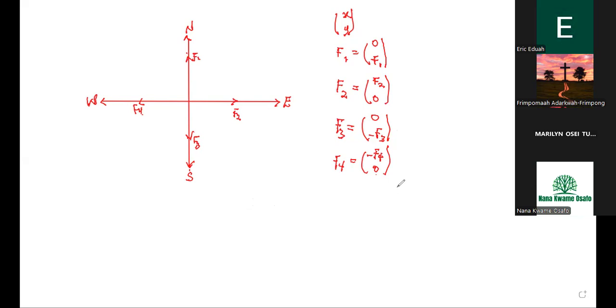or the cardinal points. Now, if any of them happen to be at an angle to any one of the cardinal points, for example, we have F5, but this time around F5 isn't lying on any of the axes, but it makes a certain angle with any one of them.